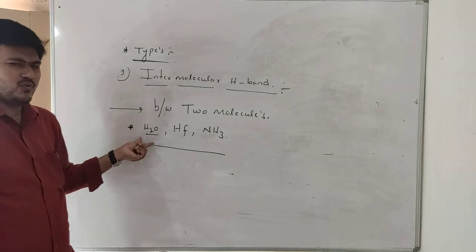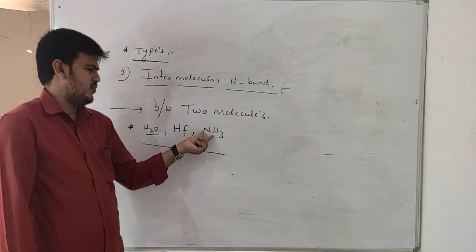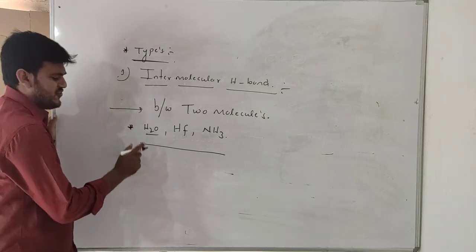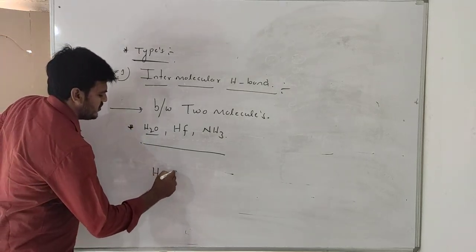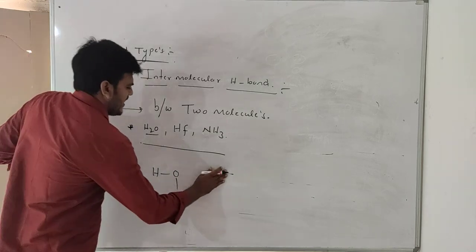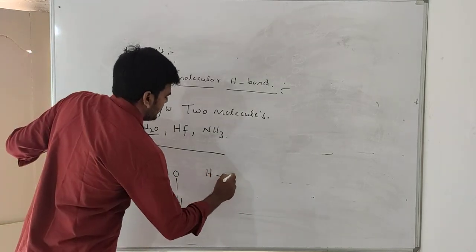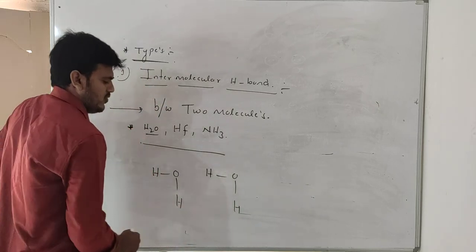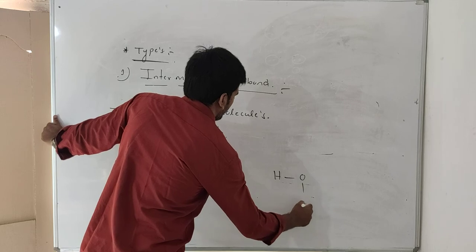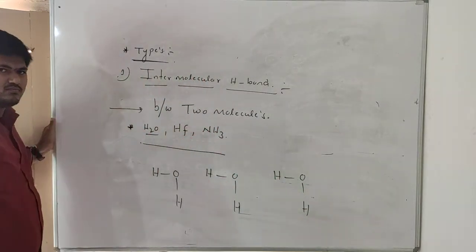So water formula H2O, hydrogen fluoride HF, and ammonia NH3. First example, water, H2O, next to another water molecule, H2O.